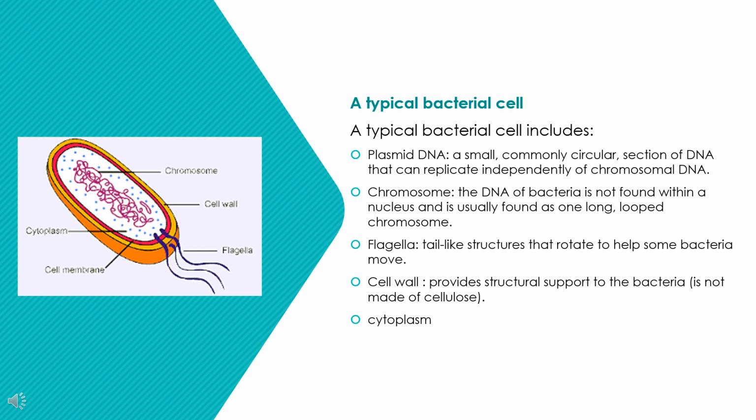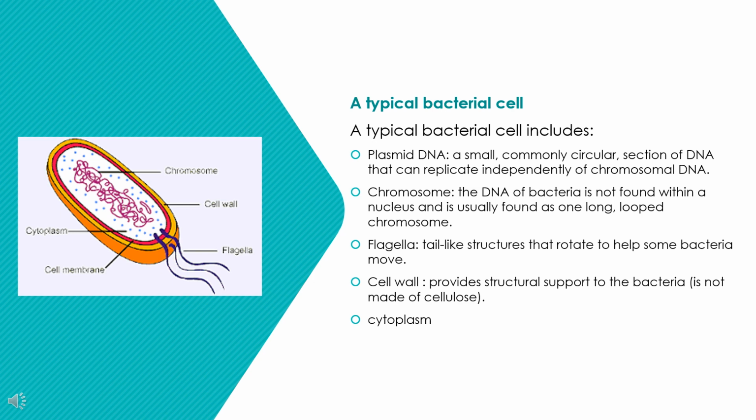There are more structures in a bacterial cell, but for us in school, we usually only learn this. There's no point in learning the other structures because they don't usually come in an exam. So here are the most important ones. I have 5 and I'm going to read them to you guys.